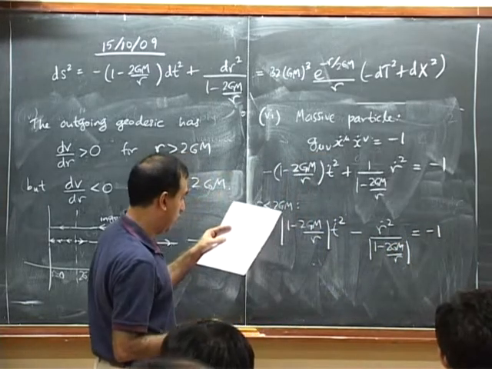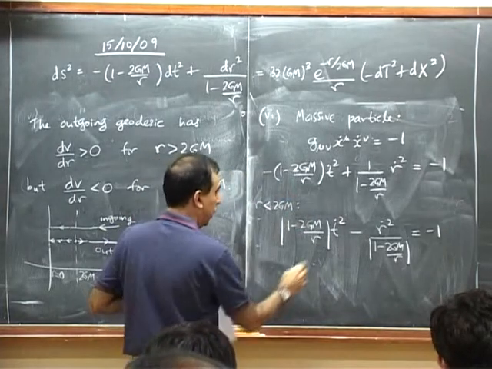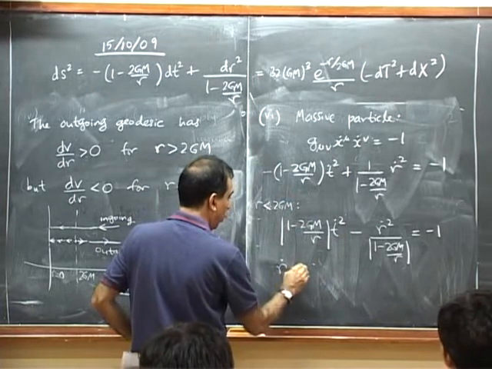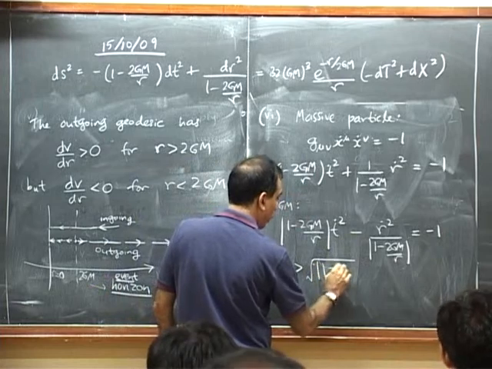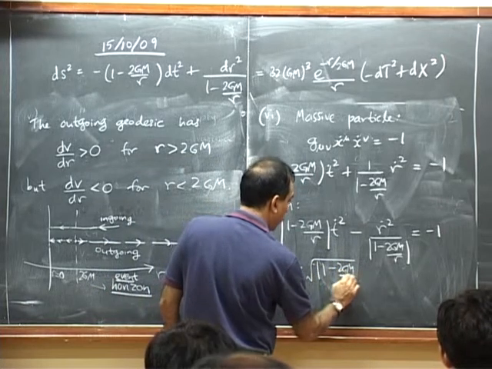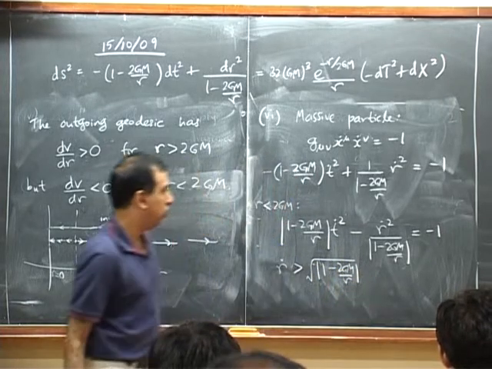So if I take R dot squared to the other side, I can easily see from this that R dot is greater than the root of the modulus of 1 minus 2GM by R.